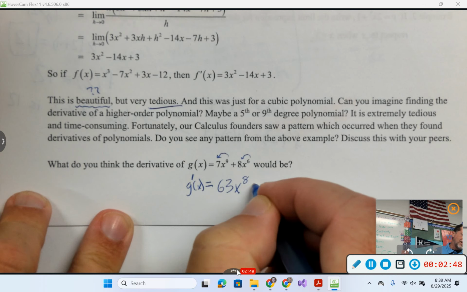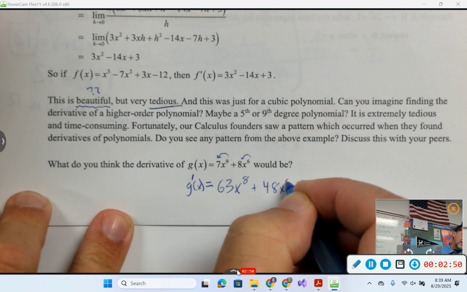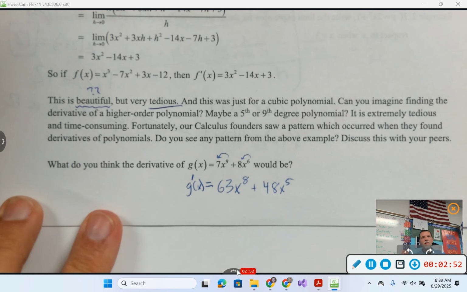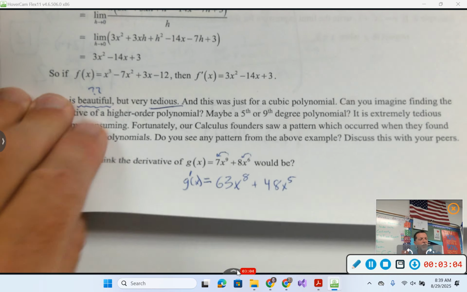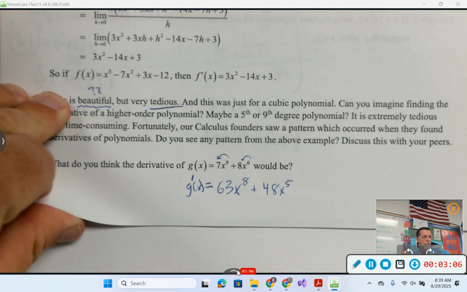There you go. Yep. Bring the power down front, multiply the power down front, and decrease the power by 1. Way easier than the nonsense we did yesterday in the previous work on that page.